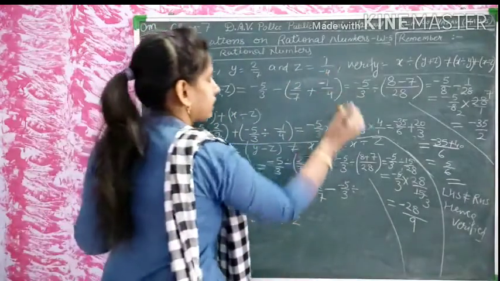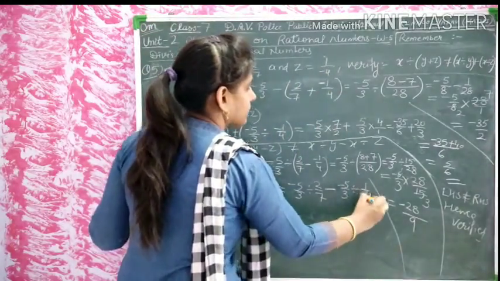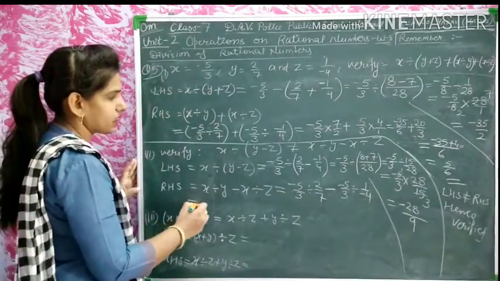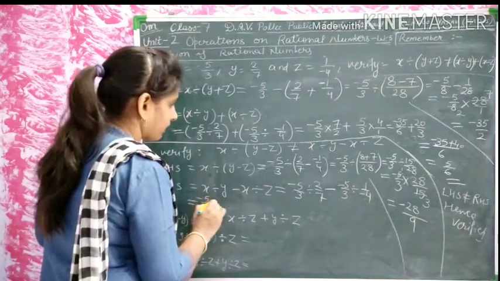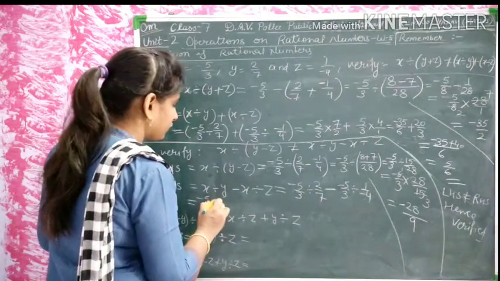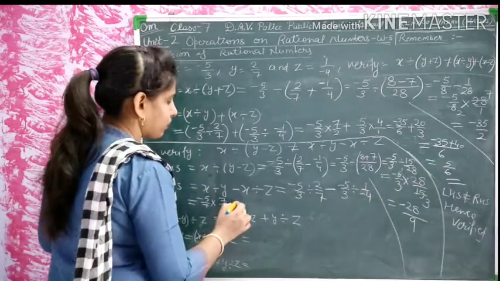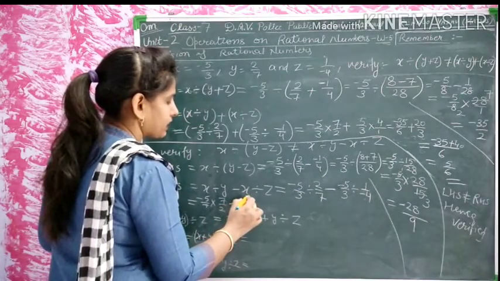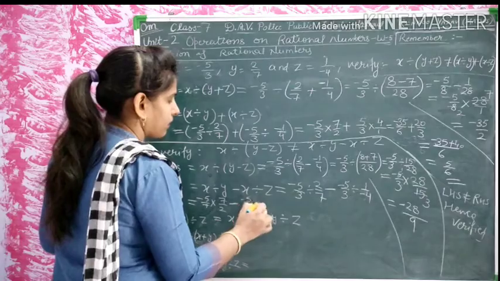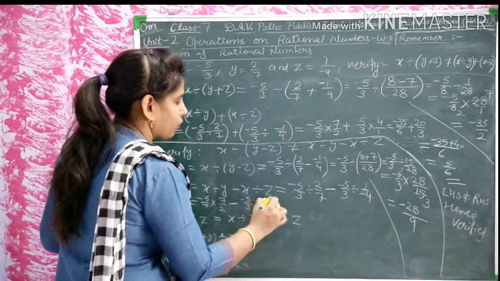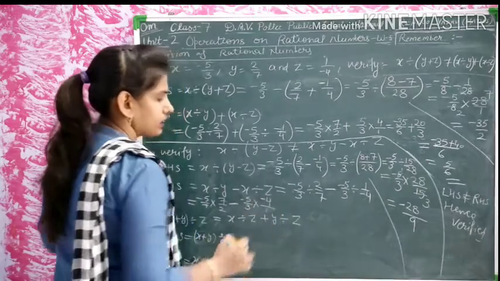What is the z here? 1 by minus 4. First we solve these two divisions. Let's see, minus 5 by 3 divided by 2 by 7 changes into multiply with 7 by 2, its reciprocal, and minus 5 by 3 divided by minus 1 by 4 changes into multiply, and this gives minus 4 by 1. Is this clear, students?